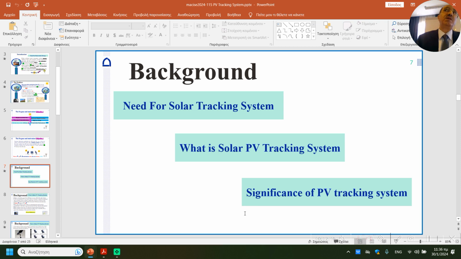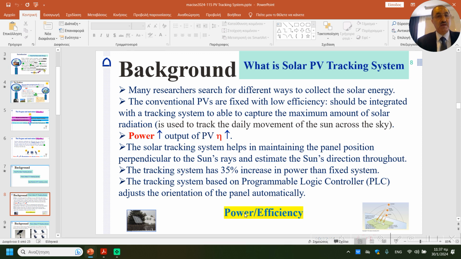So let me explain about the tracking system in general. Many scientists and researchers in the world are always thinking about how we can collect the solar energy from the sun, either concentrated, or by using it in the normal solar panel. The conventional PV or solar panel is fixed, with low efficiency, as I said. Then we need a tracking system to increase the efficiency and the power output of the solar panel.